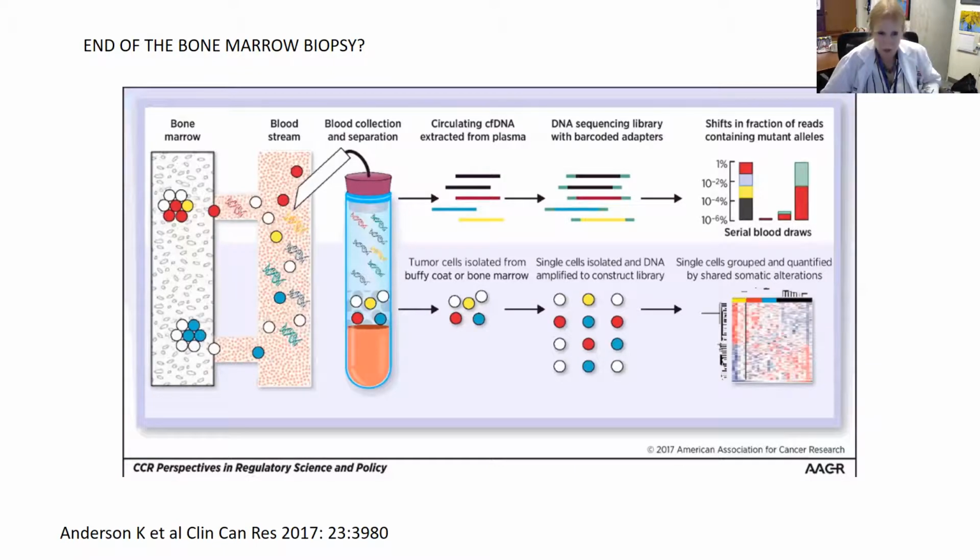So instead of having that bone marrow test, you could have a blood test, say, run every year. Right now, the comparisons that have been done with cell-free DNA and bone marrow-based MRD are probably not as good as you would like, but there are very smart people working on this, so maybe we'll get to the point that we can really just offer you a blood test. So that's the end of my slides, and why don't we move on to questions?